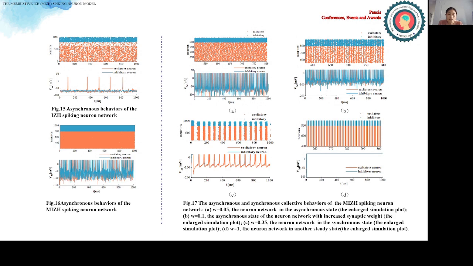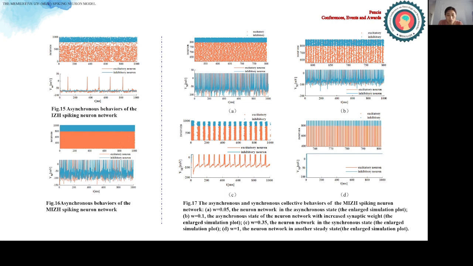The synaptic weight affects the collective behaviors of the MIZH spike neural network. When the synaptic weight is 0.05, the MIZH spike neural network is in a synchronous state. When we increase the synaptic weight to 0.1, the MIZH spike neural network is still in a synchronous state, but it is different from the previous one.